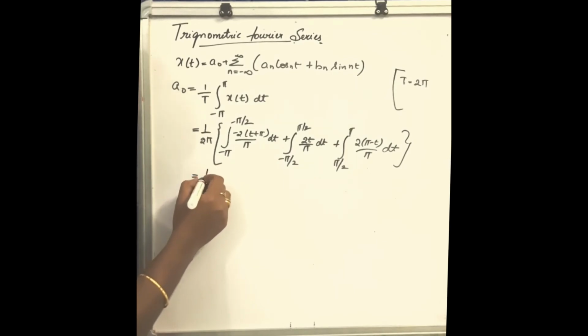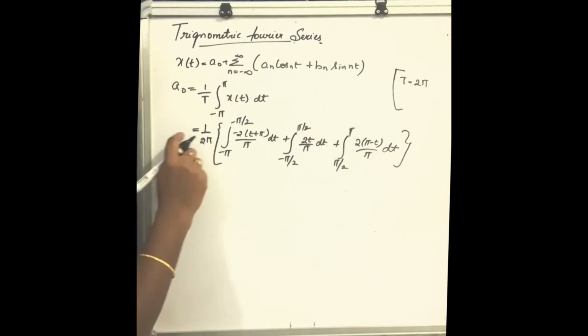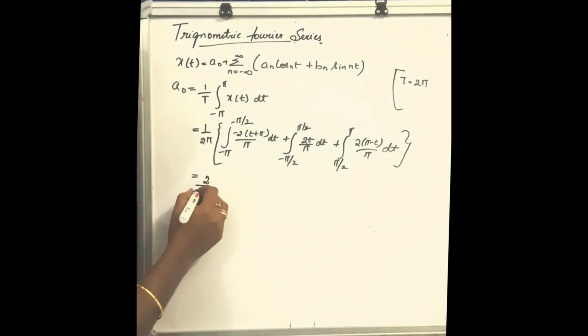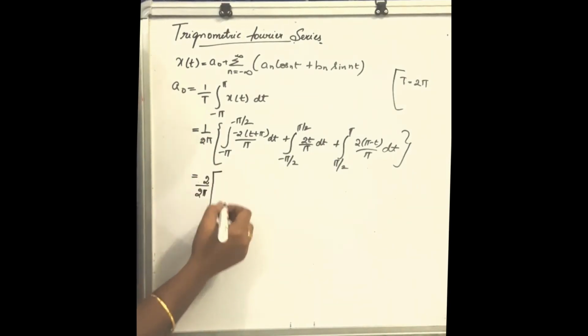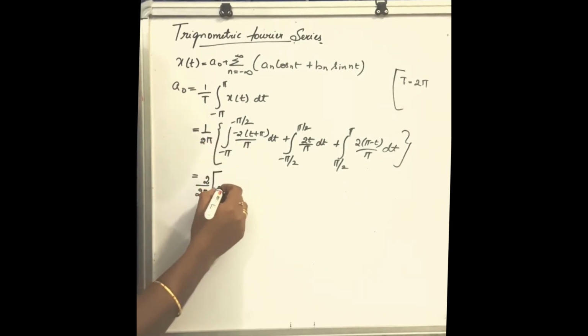Further solving, we are removing these two outside. So 2 by 2 pi, the minus comes out.